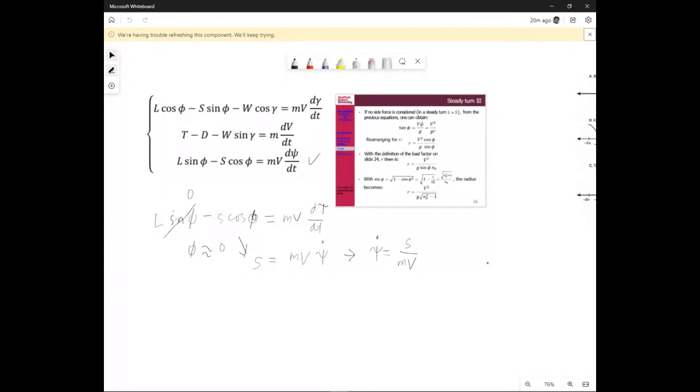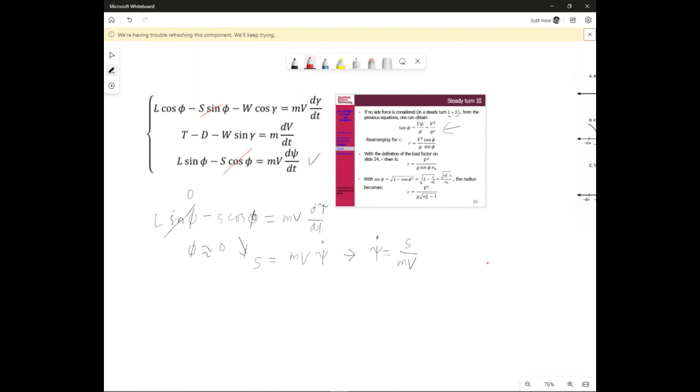So to arrange that, that is the equation that we've seen before on the slide. Then if you think that there is no side force, or that your lift is much greater than the S, then obviously that becomes 0, right? No S. That also becomes 0, right?